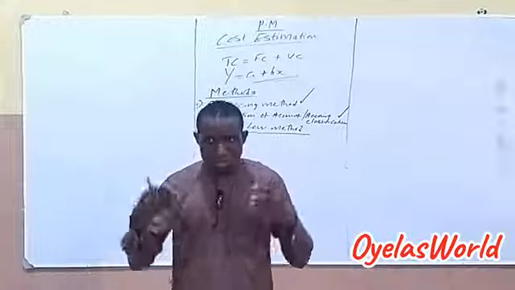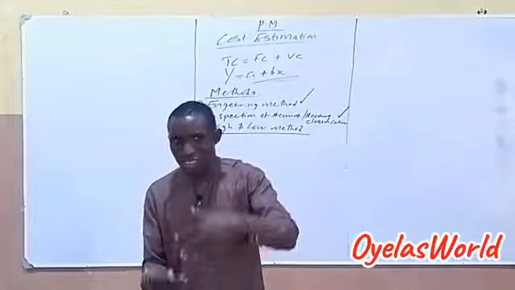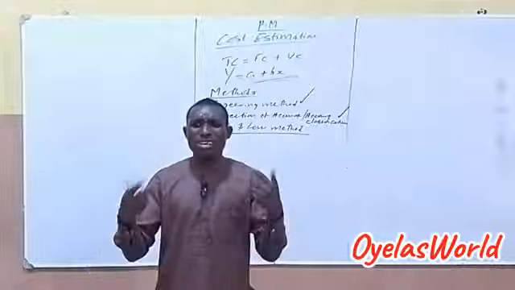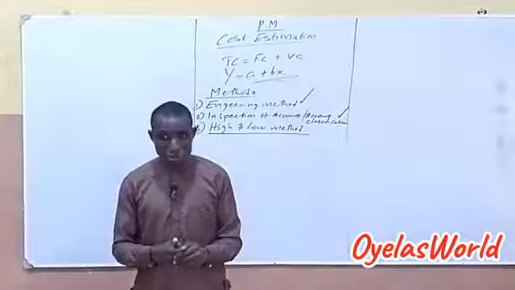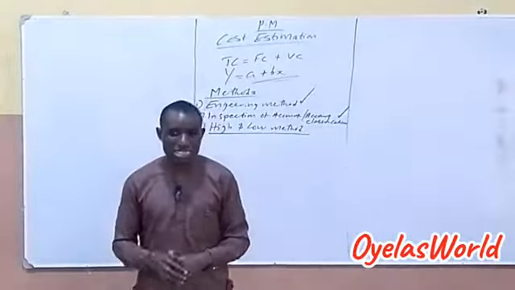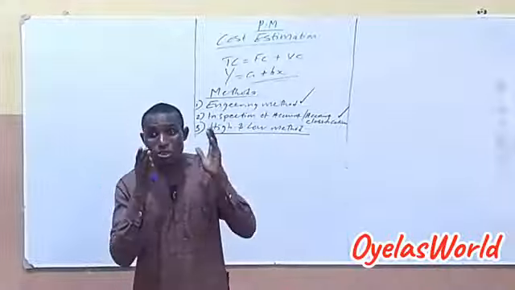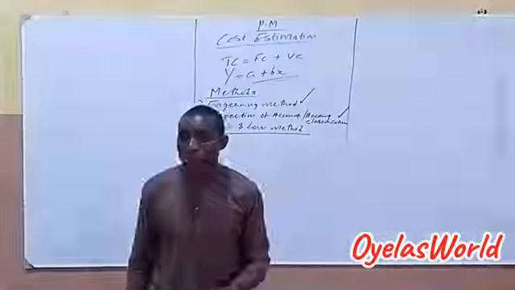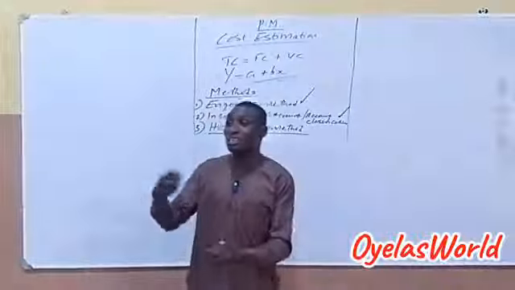So you have to go further. Is there any information that tells me this thing is variable or fixed? Or did they give me the activity level for more than one period? Please take note. Most of the time, in any paper, you need to use the high and low method, either as an ingredient or as a full question. They will not tell you to use the high and low method, even if you are going to use it as an ingredient.